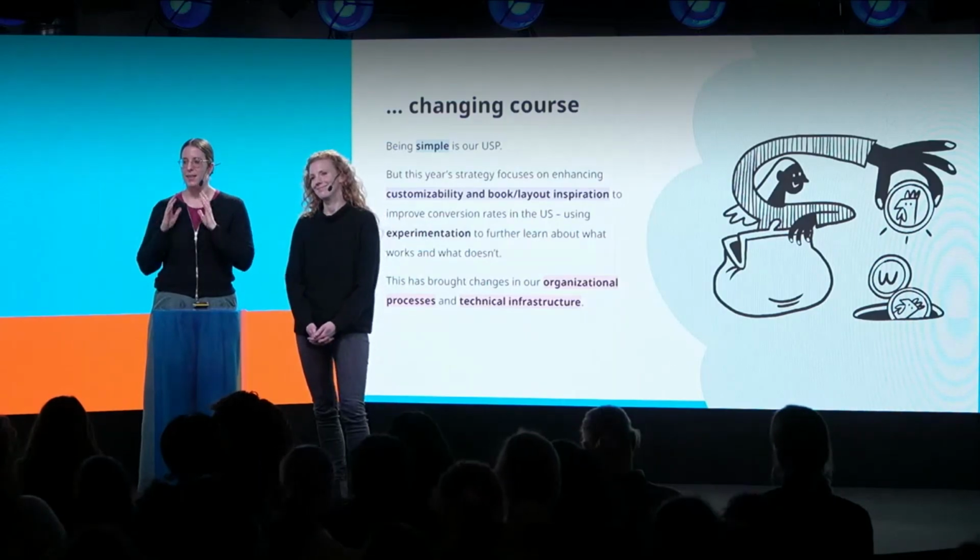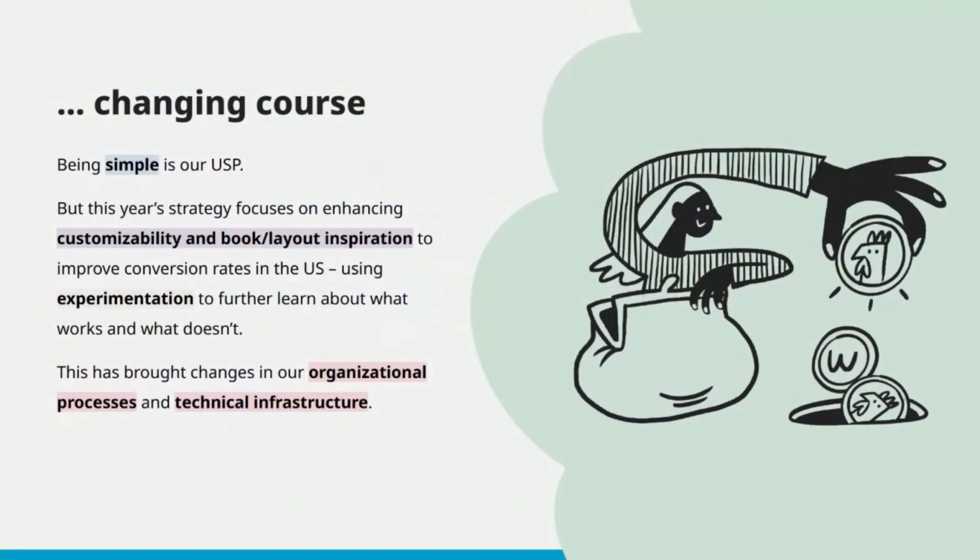Being easy has always been our unique selling proposition, the core of our service. But we've come to realize that being easy doesn't necessarily mean being simple. And so we're really now exploring how we can add customizability and add images and inspiration to make our app even easier to use.